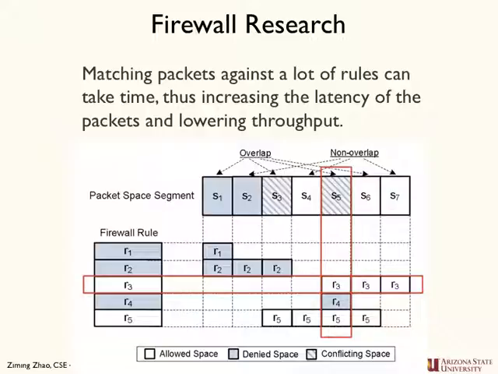Instead of doing a big O(n) comparison, we can do that in constant time. So in our lab, we worked on this kind of problem. We used what we call header space analysis to find the overlap in different policy rules, different firewall rules.